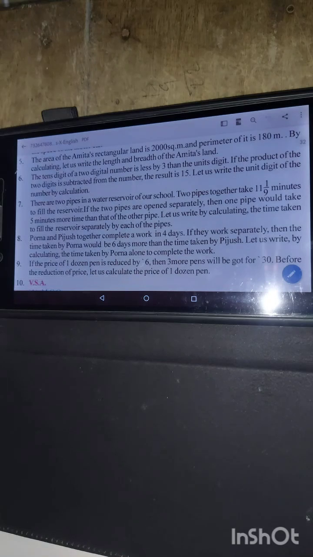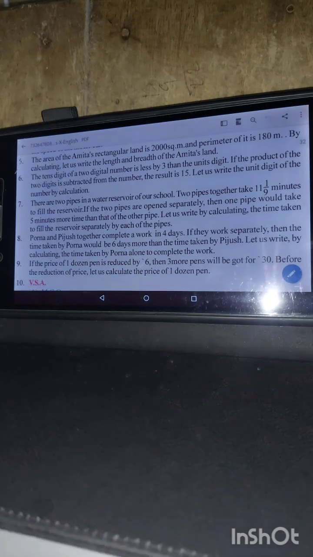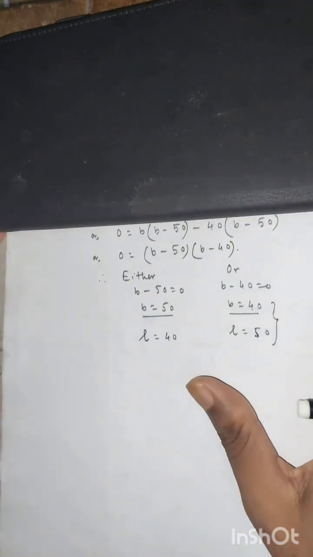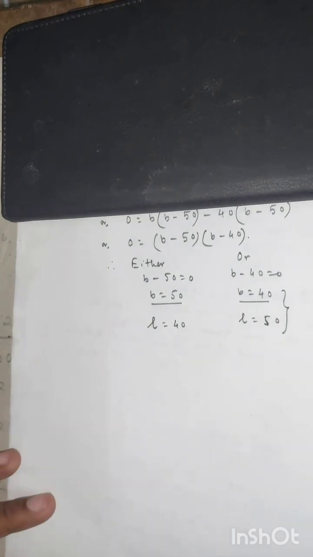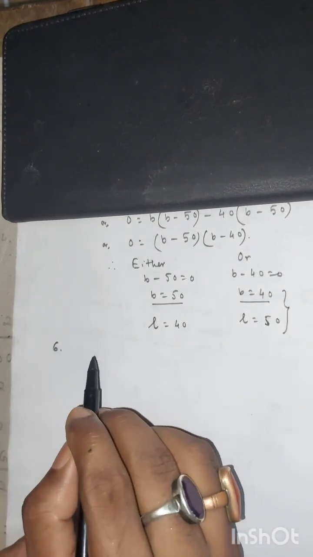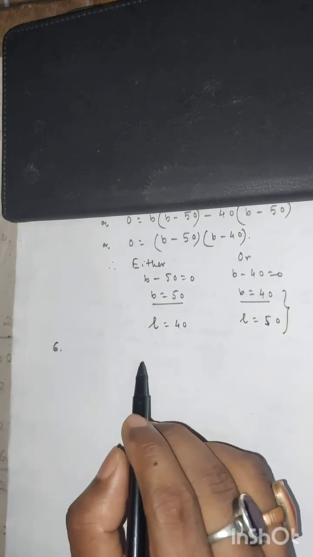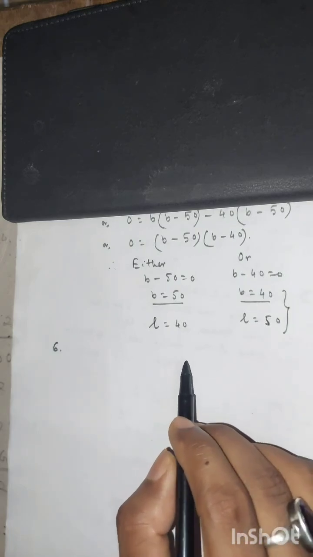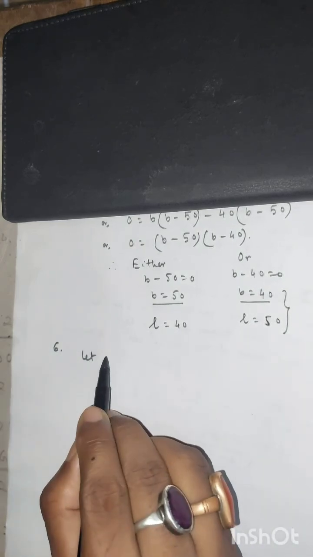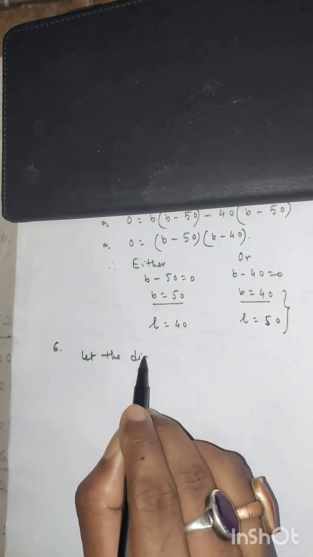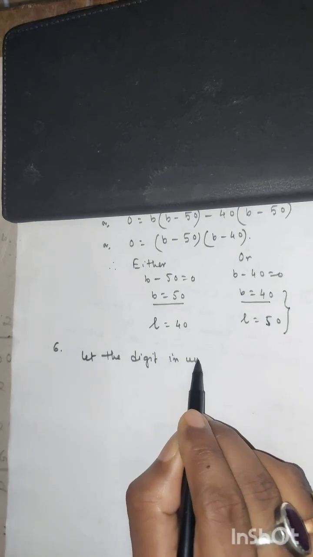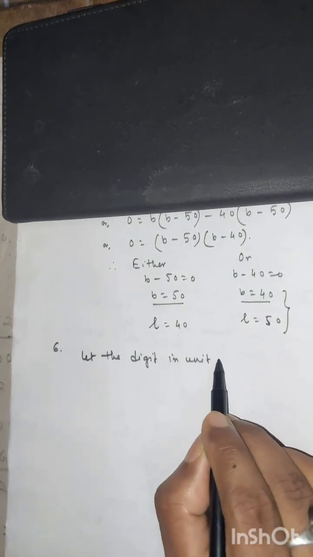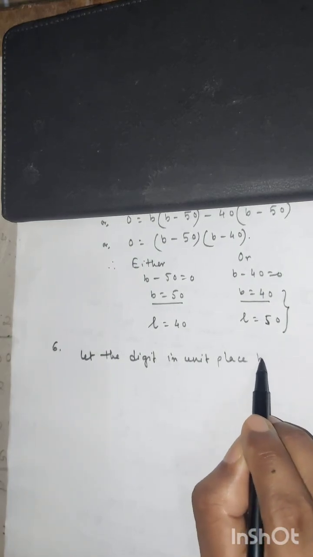Let us write the unit digit of the number by calculation. Let the digit in units place be x.